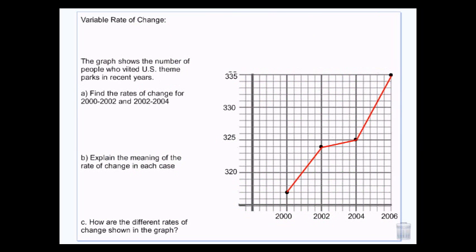We have a rate of change that's not constant, and that's when you have a variable rate of change. If our rate of change is not constant, that's when it's variable.